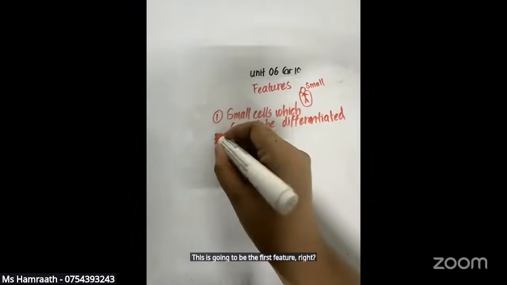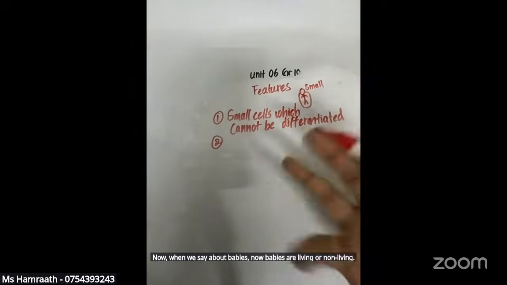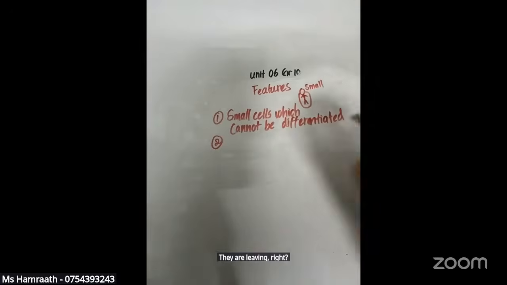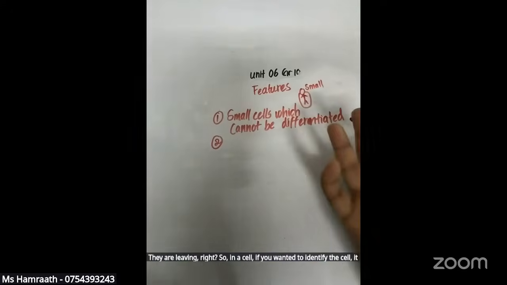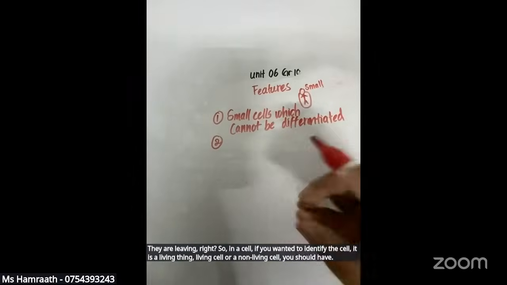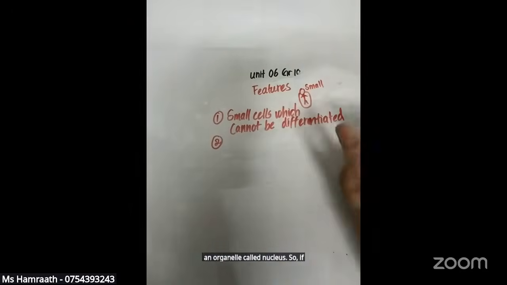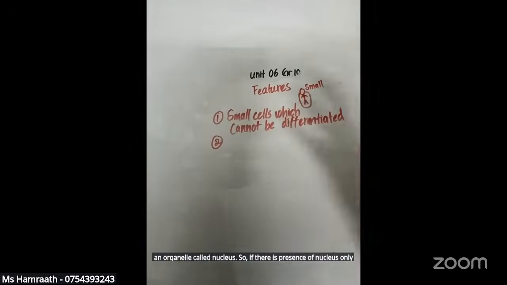Now the second feature is, just think about the babies. Babies are living or non-living? They are living, right? So in a cell, if you want to identify whether it is a living cell or a non-living cell, you should have an organelle called nucleus. If there is presence of nucleus only, we say this is an activated cell.